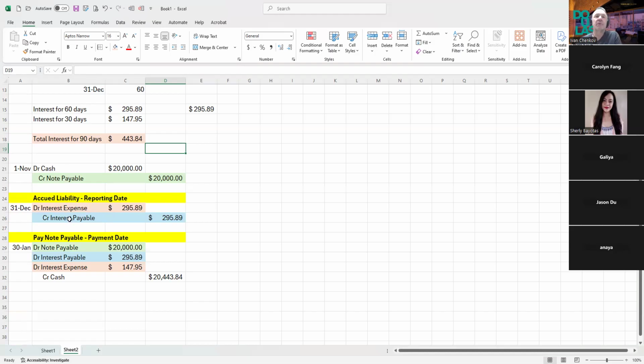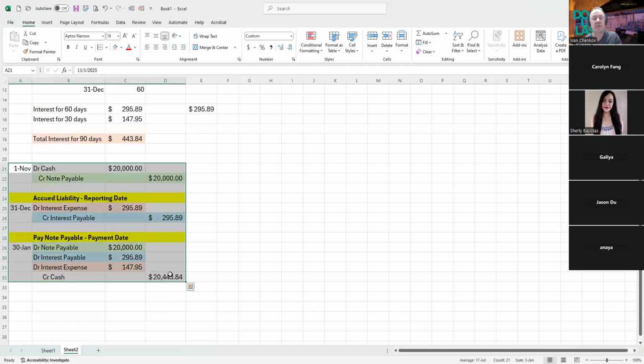If there was no reporting date, I pretend that there's no reporting date, what will be my final journal entry? What's going to change if there was no reporting date in the middle?